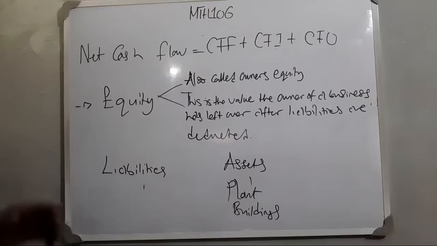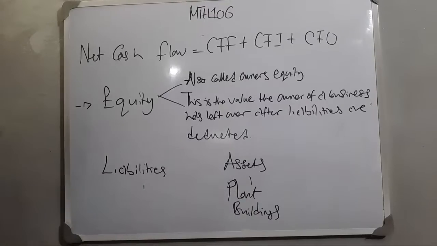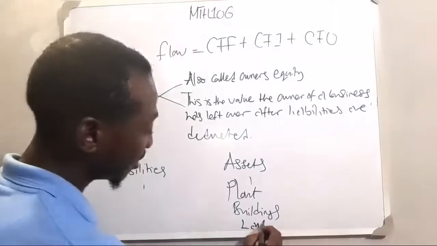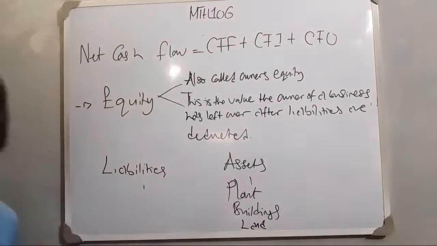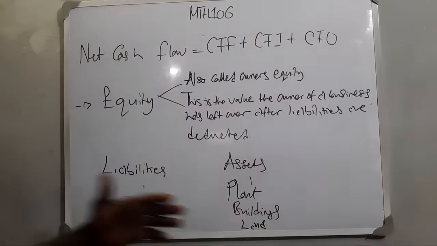Liabilities are things you spend money on that don't generate income. But assets are anything that over time generates more money.